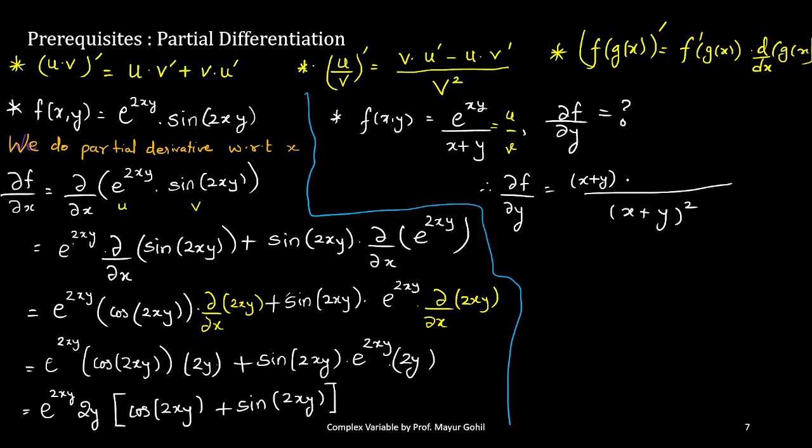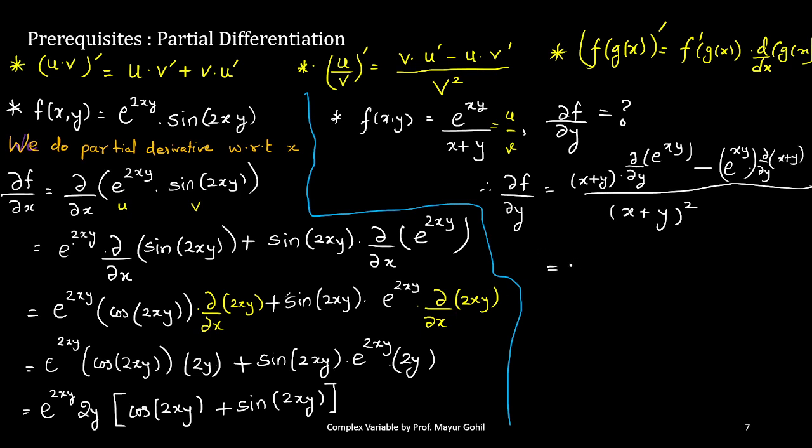U dash is going to be the derivative, but it's a partial derivative with respect to y. So here it is ∂ by ∂y of u, so it is e to the power xy, minus u times, u is the numerator, so e to the power xy, then the partial derivative with respect to y of v, like v dash, we have to take for the denominator, so it is x plus y.